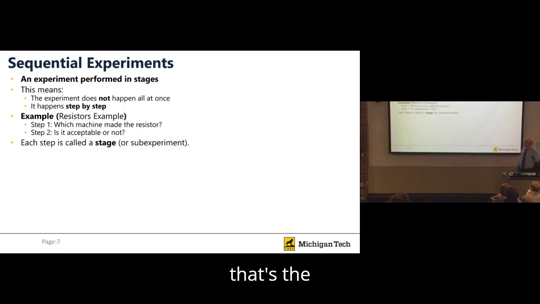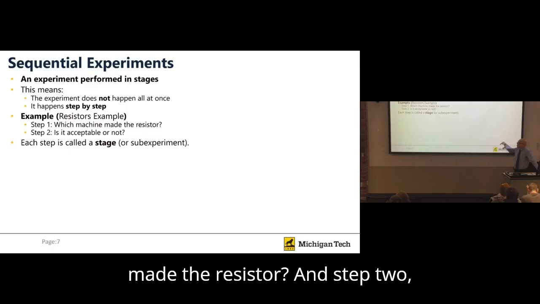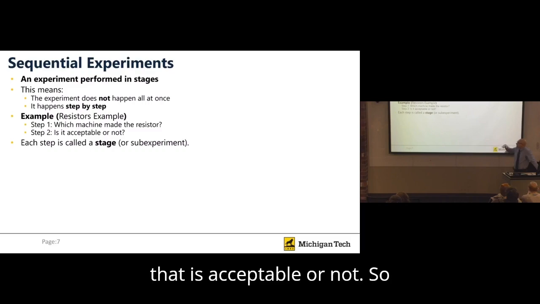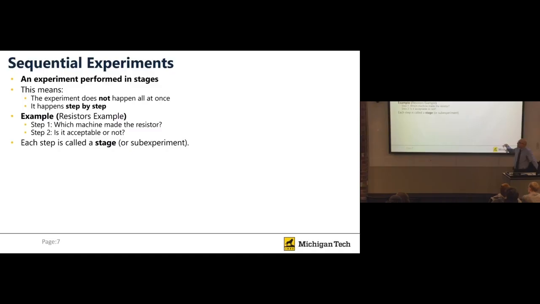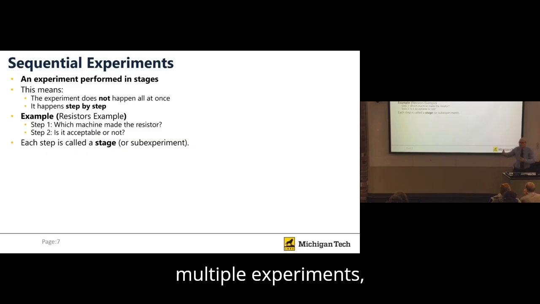That's the resistors example. Step 1 is which machine made the resistor, and step 2 is whether it is acceptable or not. Each step is also called a sub-experiment, because the whole thing has multiple experiments.